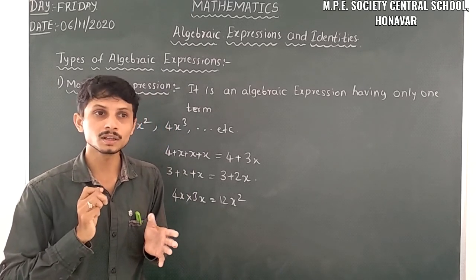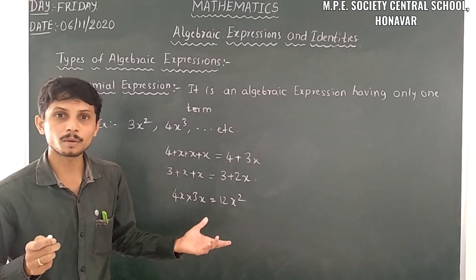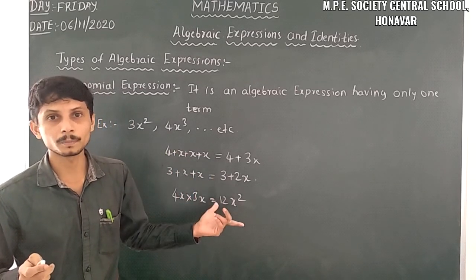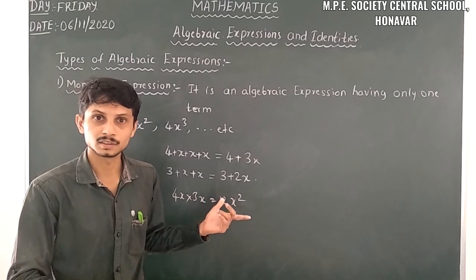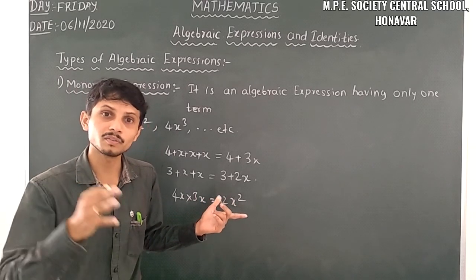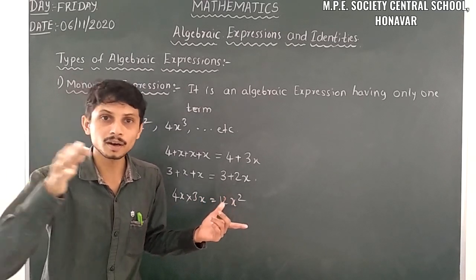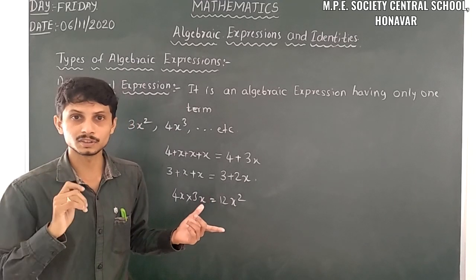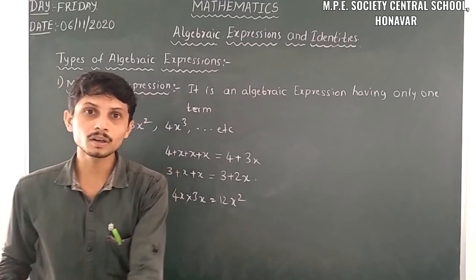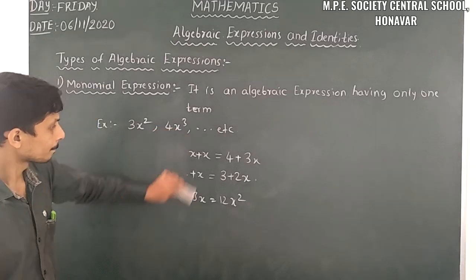So it is possible, and that's why it converts into the form of monomial or binomial. So the number of terms can reduce when we have like terms, or when we have multiplication and division. So be aware of those things here.